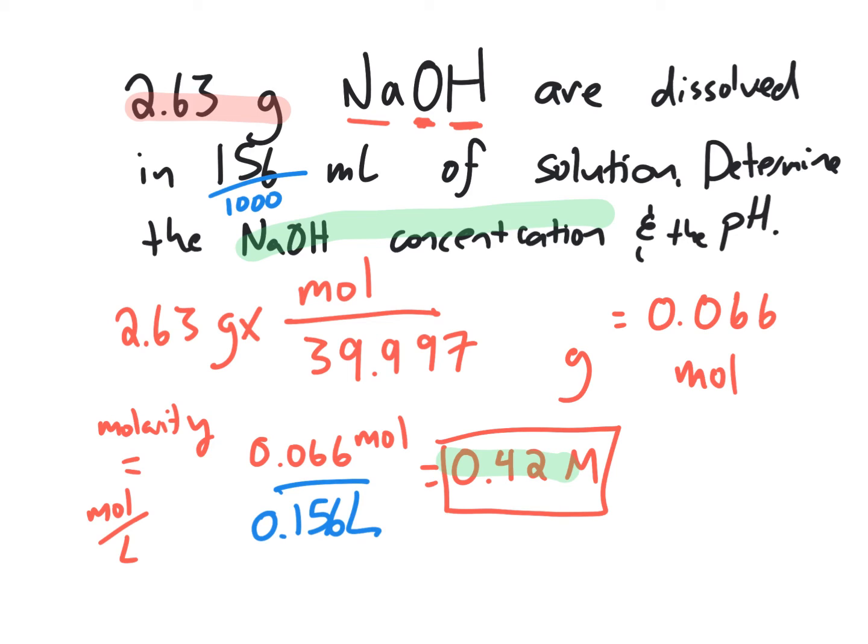This is a base. I have the molarity, I have the concentration of OH. So it's like the third column on the worksheet. This is my OH, because it says NaOH. So I can actually find pOH, not pH with it.